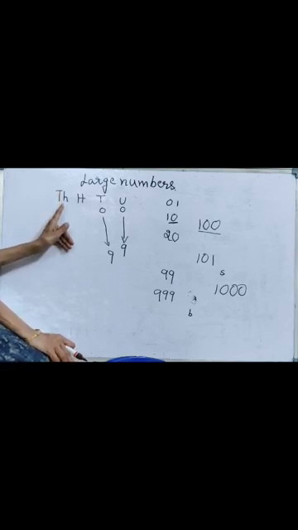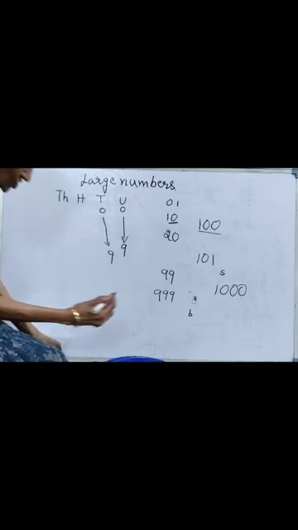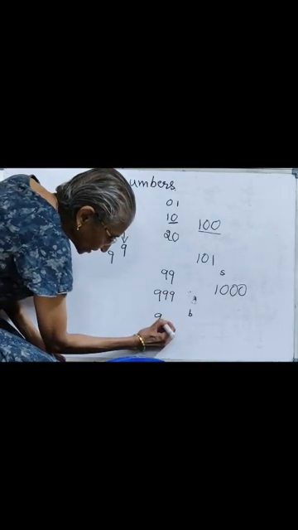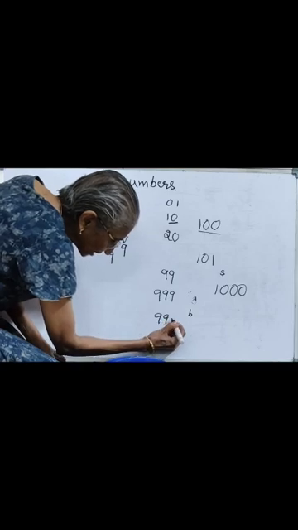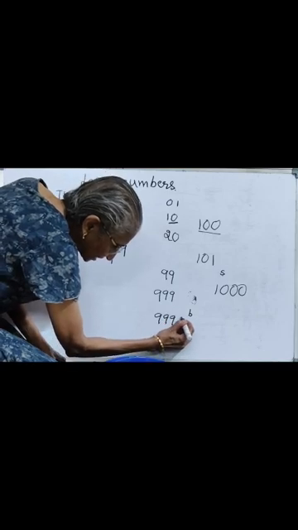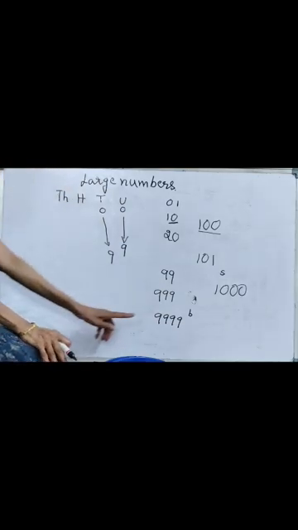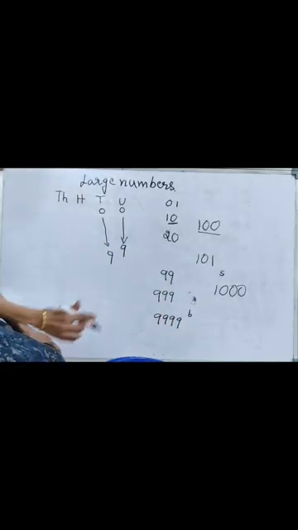This 1000th place, the biggest number is 9999. See, 4 digits.